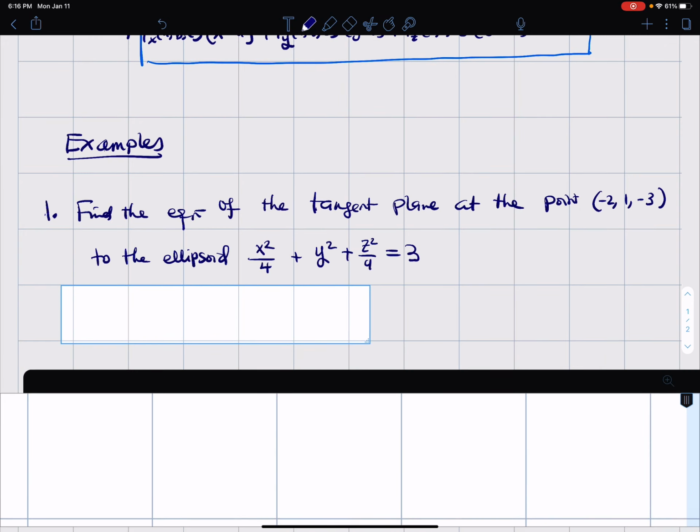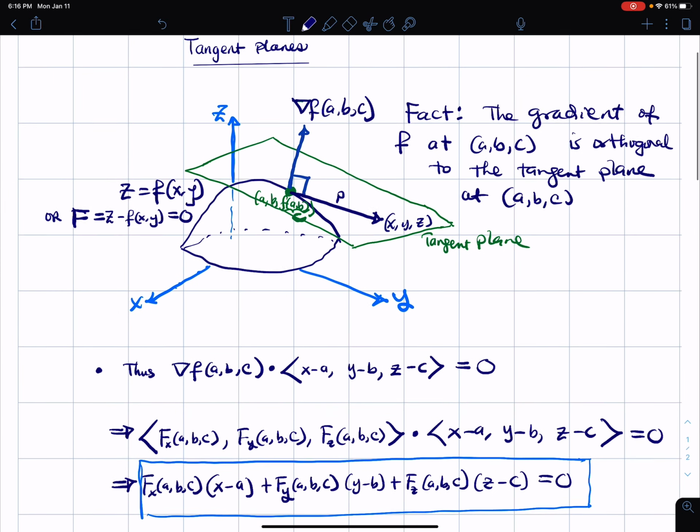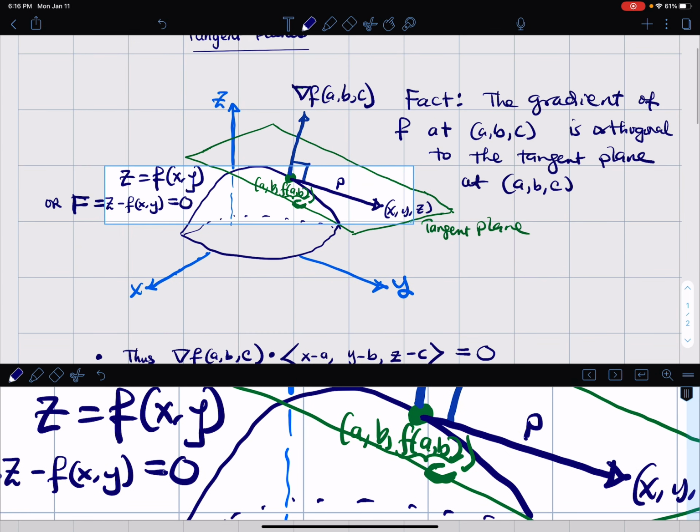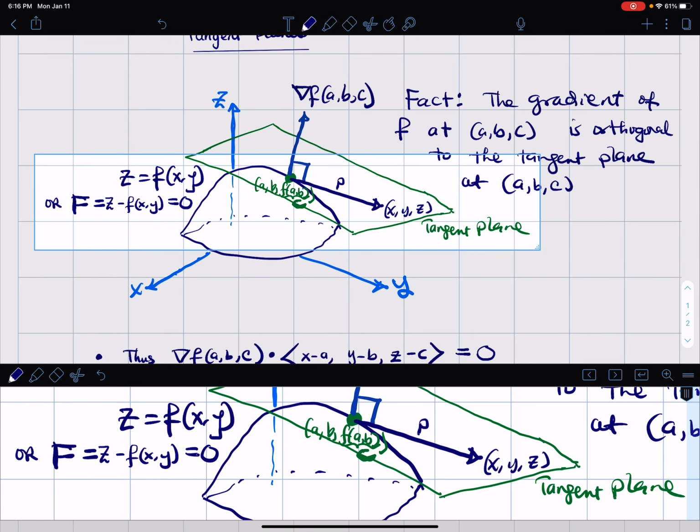And when I started talking about this concept, I started with discussing the graph of a function of 2 variables. The graph doesn't have to be the graph of a function.